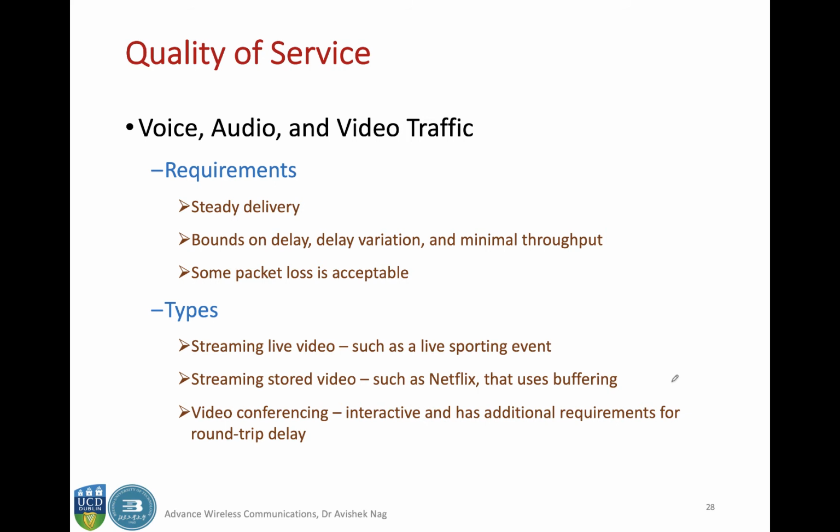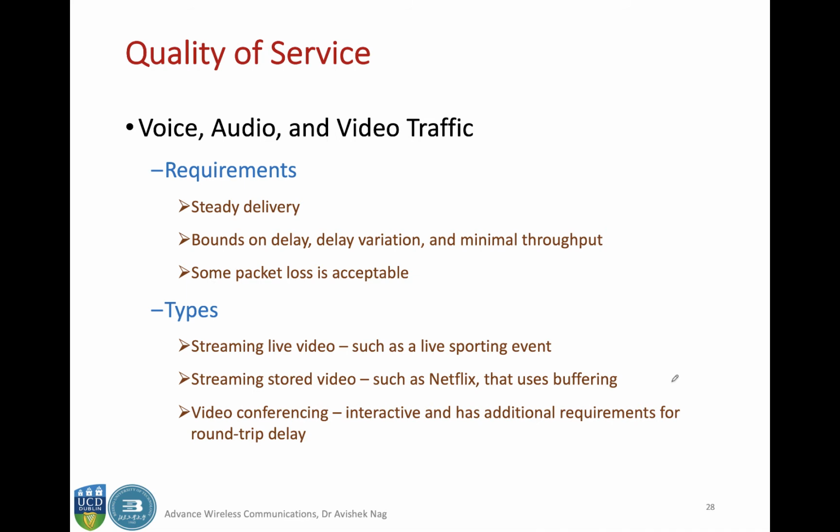So for this type of service, you need a high quality of service in terms of delay. Whatever the service, let's say when you're talking on the phone to your friend, that's a voice service, probably you can afford a little more delay, a little more packet loss.